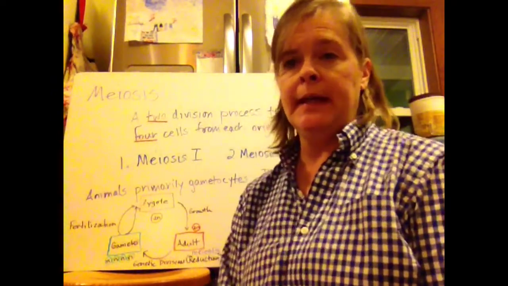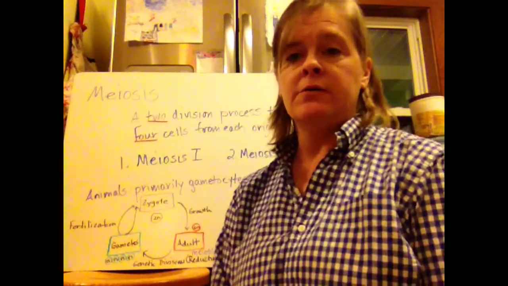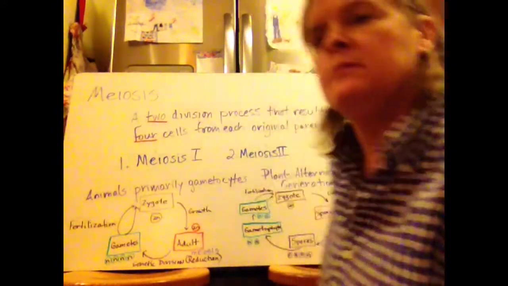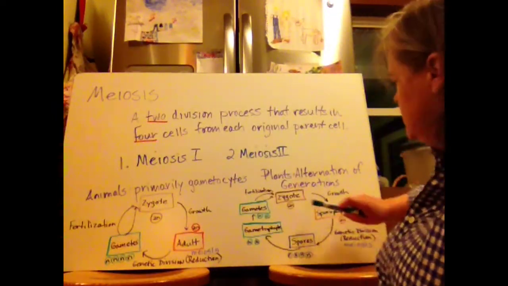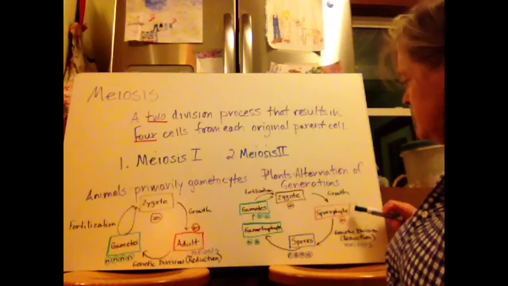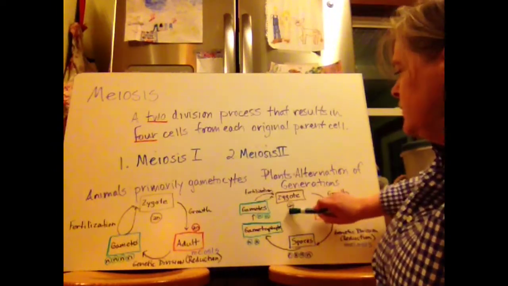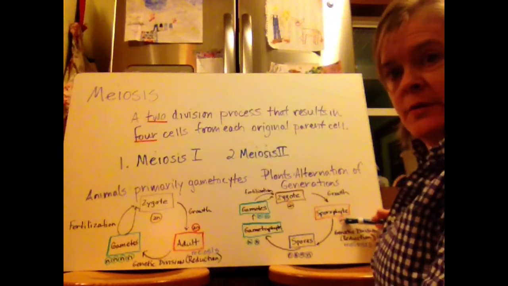In higher plants, meiosis can occur in alternating generations. Here you have the zygote that grows into a sporophyte. These are both 2N, full set of chromosomes.